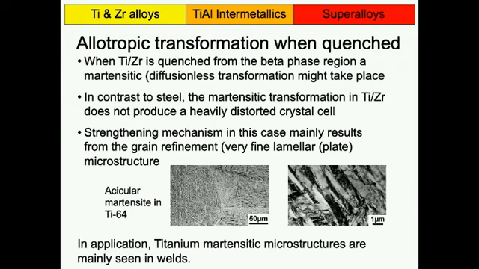But now, also like in steel, things might be a bit different when you quench your material. And effectively what you can get in titanium or in zirconium is martensite. Well, it's called martensite. Is it really exactly the same?